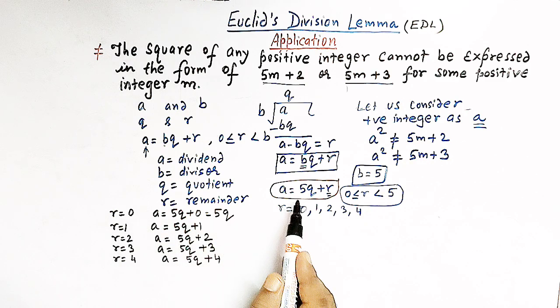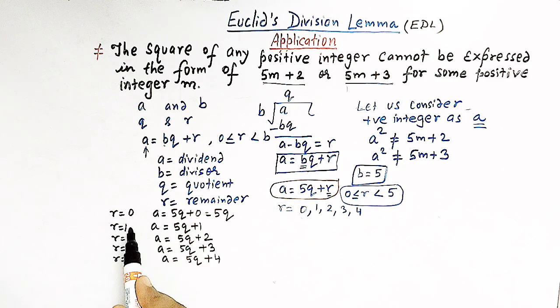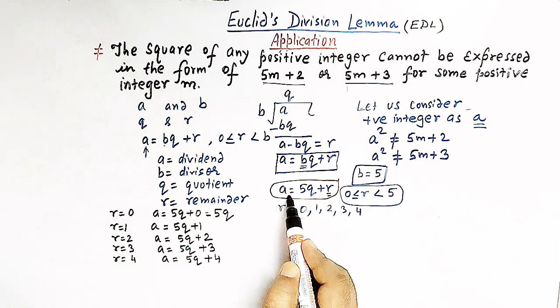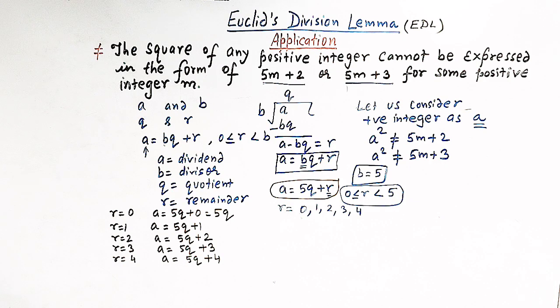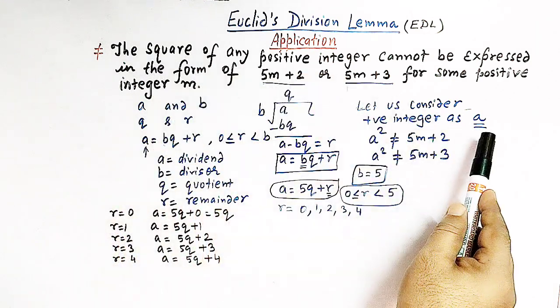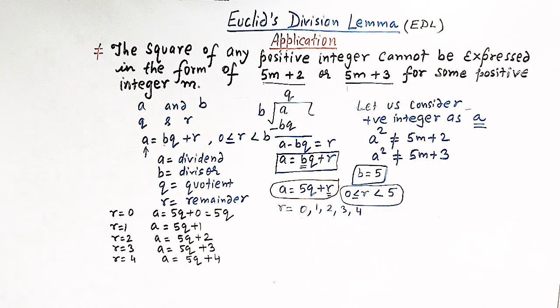Substituting r is equal to 0, 1, 2, 3, 4 one by one in this equation, we have a is equal to 5q, a is equal to 5q plus 1, a is equal to 5q plus 2, a is equal to 5q plus 3, and a is equal to 5q plus 4, right? And now we are interested in the square of this positive integer a.